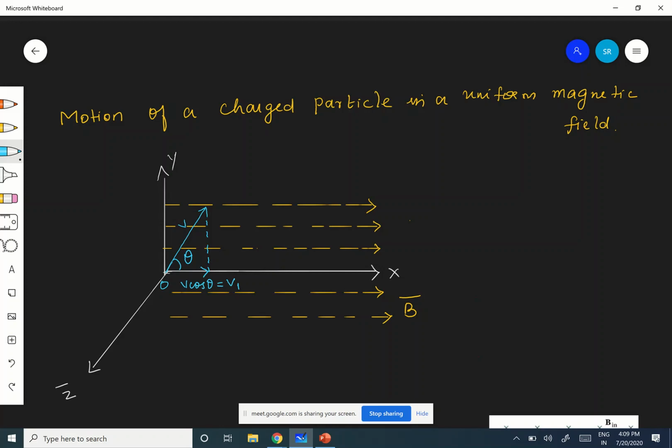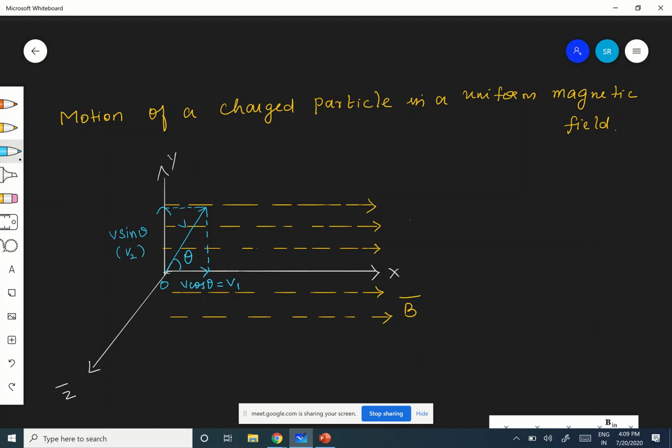And the vertical component here will be V sin theta, that is nothing but V2.